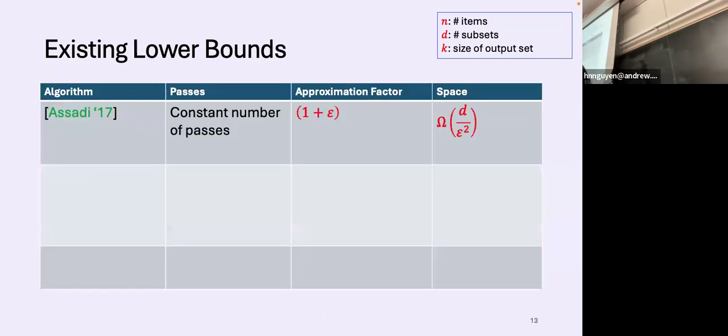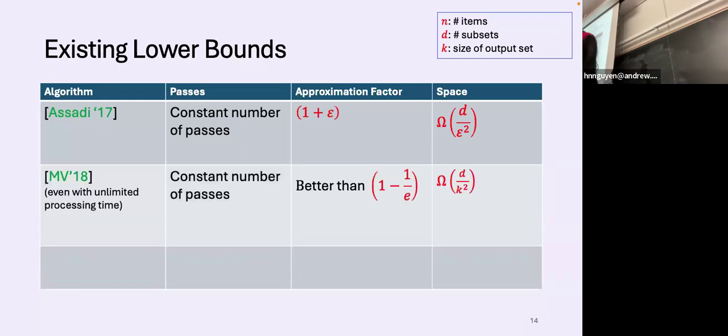So now let's talk about lower bounds. The first one is from Assadi 17, and it says that for any constant number of passes, if you want a 1 plus epsilon approximation, this requires D over epsilon squared space. McGregor and Vu 18 show that in a constant number of passes, even if you have unlimited processing time, if you want even slightly better than 1 minus 1 over e, then you need omega D over K space.